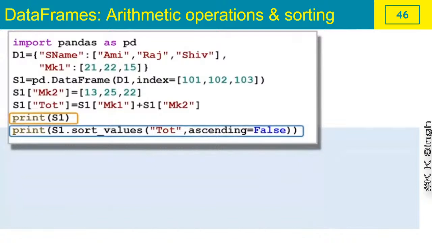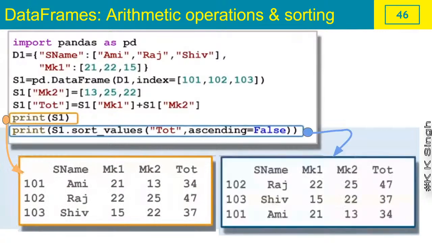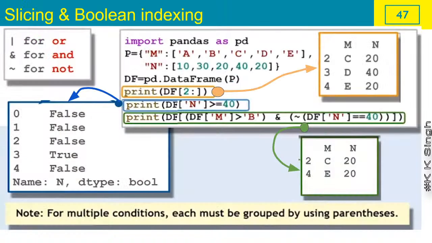And now, this is your data frame sorted in descending order. So 47, 37, 34, likewise. Next, slicing and Boolean indexing. So here you will have to see this.